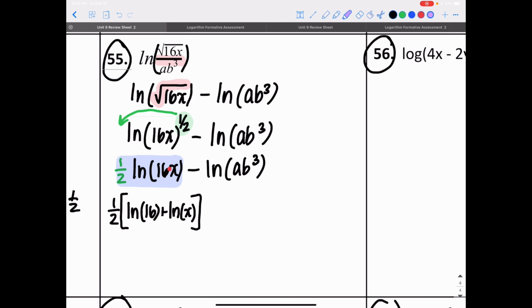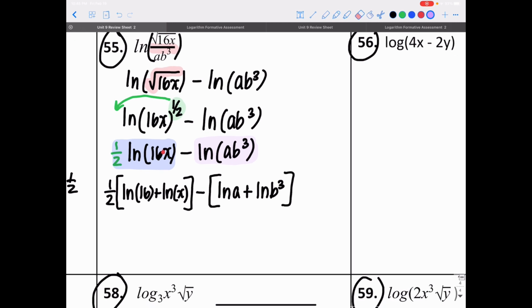The other thing I have, this logarithm here, breaks down also with addition. I'm going to be subtracting, and I'm going to put this in parentheses so I don't forget to distribute that minus. I have ln of a plus ln of b cubed inside.